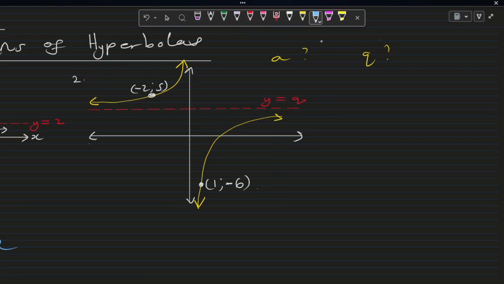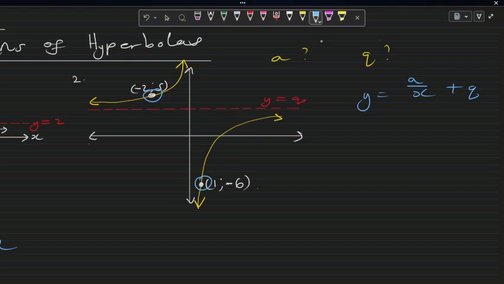We know that this graph is given by the equation y is equal to a over x plus q. So we can consider this point and set up an equation related to it, and then consider that point and set up another equation. Then we will have two equations with two unknowns, a and q, and we can solve simultaneously for a and q.